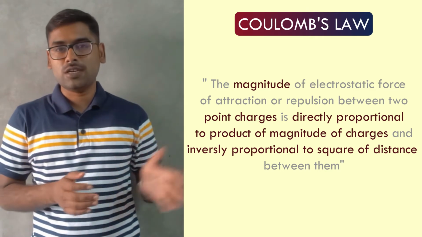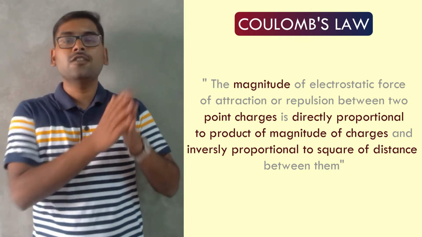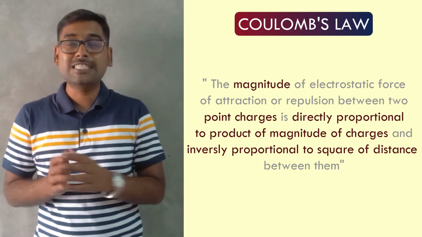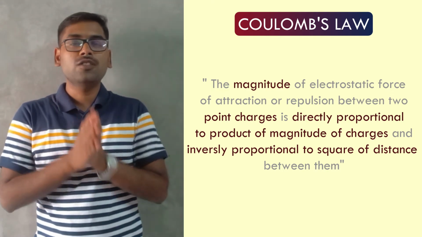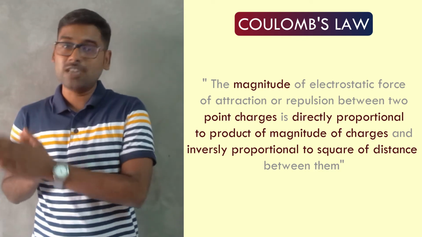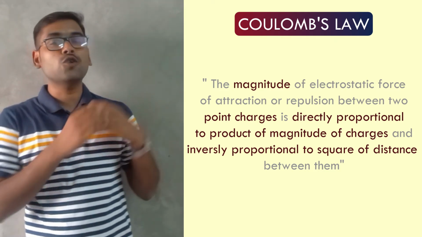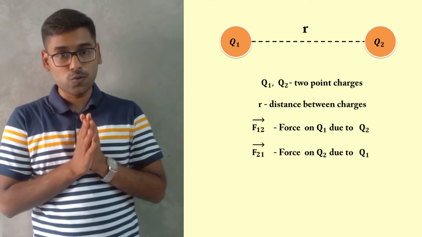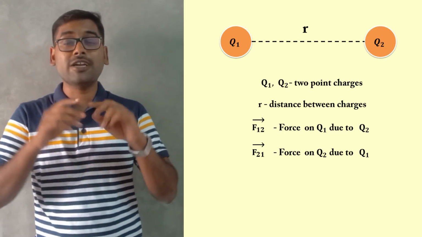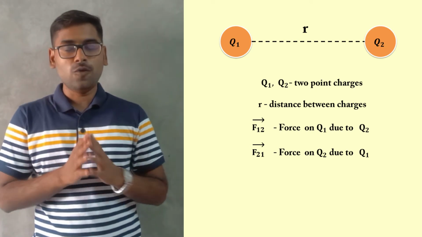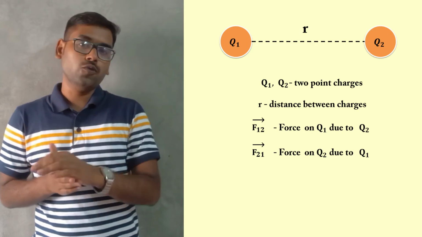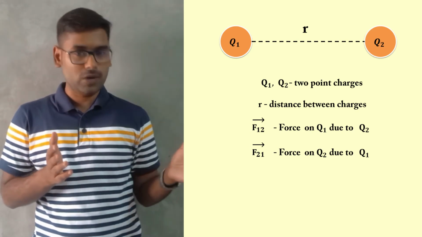Now coming back to this statement, it says that the force between 2 point charges is directly proportional to the product of the magnitude of these charges. What does that mean? To understand that, let us consider 2 point charges Q1 and Q2 separated by some distance r. Now Q1 will exert force on Q2 and Q2 will exert force on Q1.